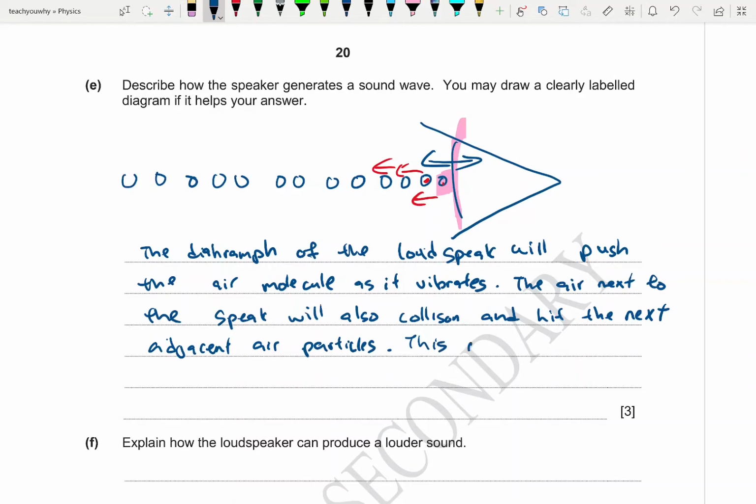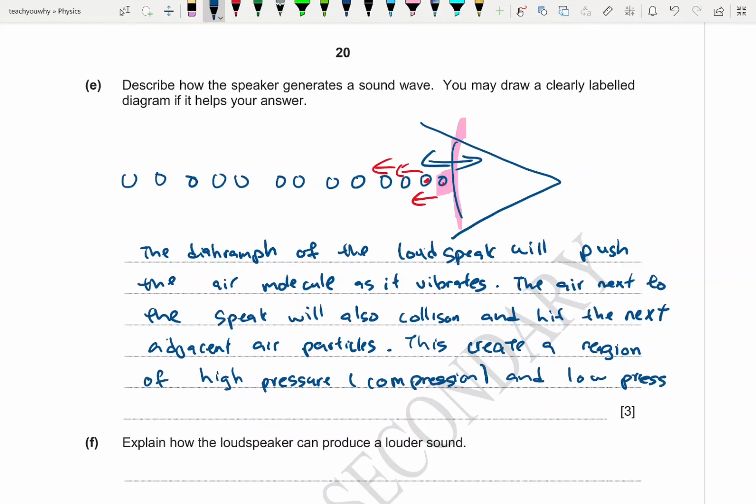This creates a region of high pressure, compression, and low pressure, rarefaction.